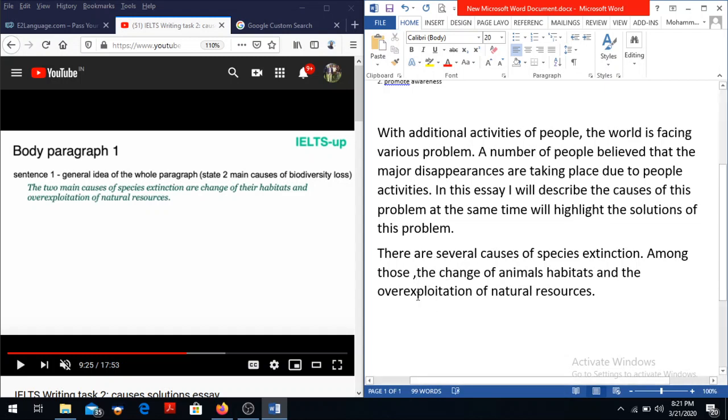So there are several causes of species extinction. Among those, the change of animals' habitat and the overexploitation of natural resources are the main causes.